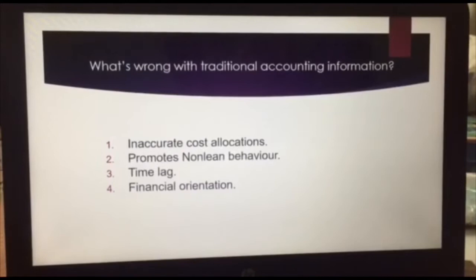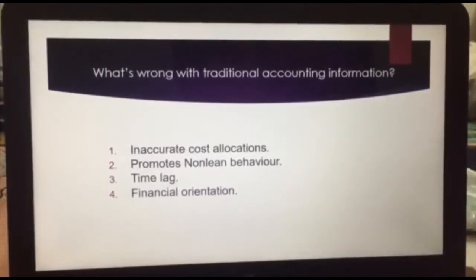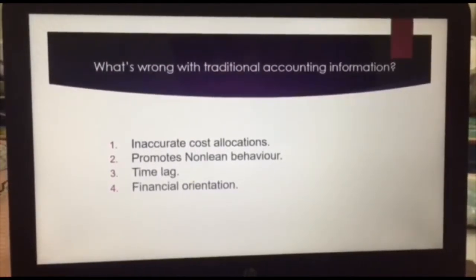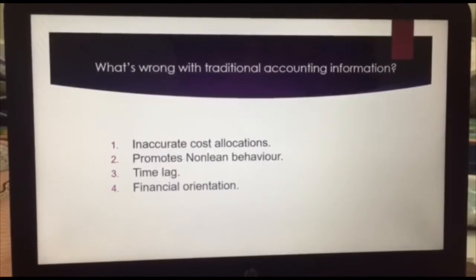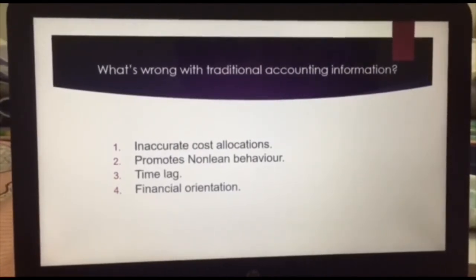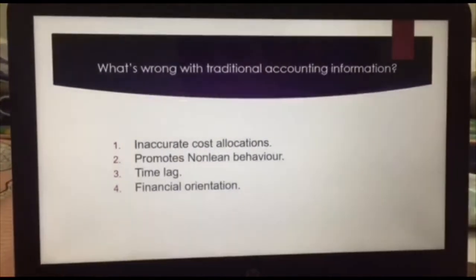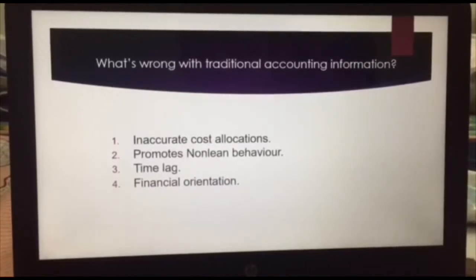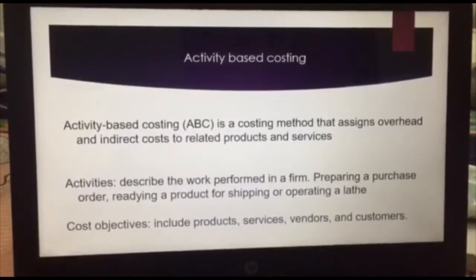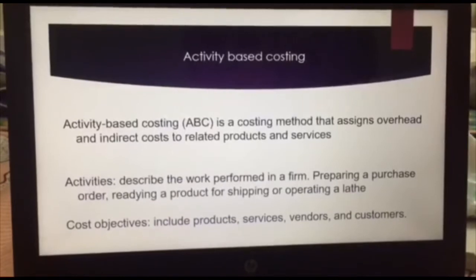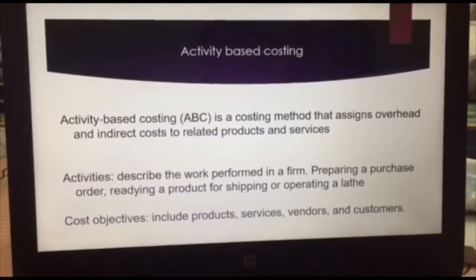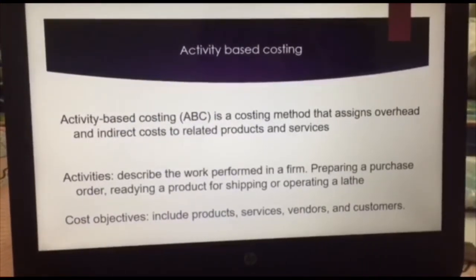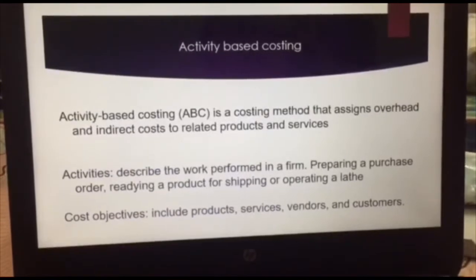So there are four things that are wrong with traditional accounting information, which is inaccurate cost allocation, promotes non-lean behavior, time lag, and financial orientation. Activity-based costing is a costing method that assigns overhead and indirect costs to related products and services.